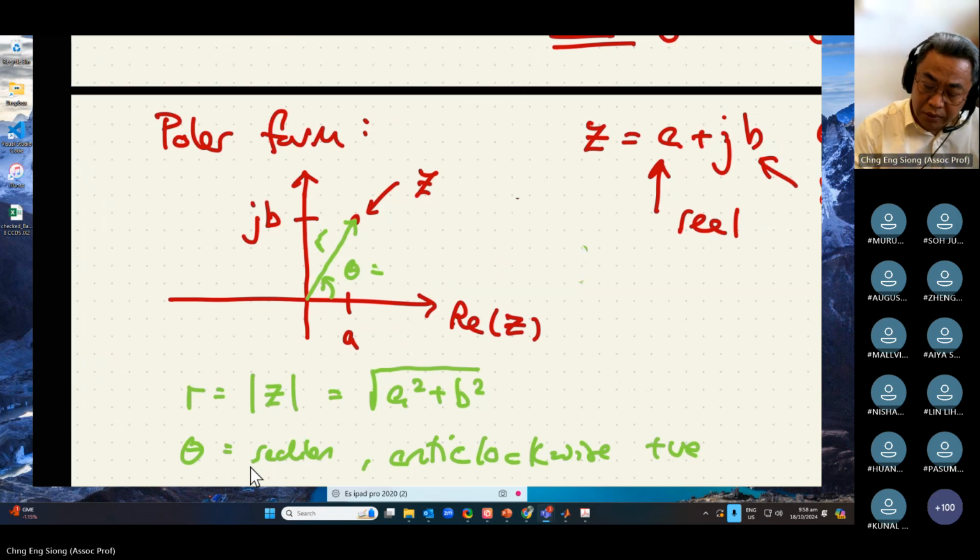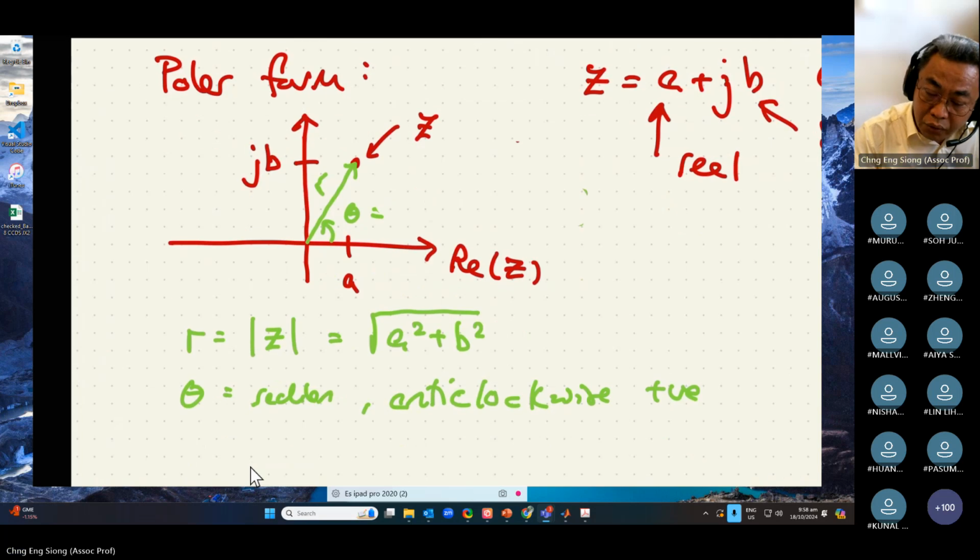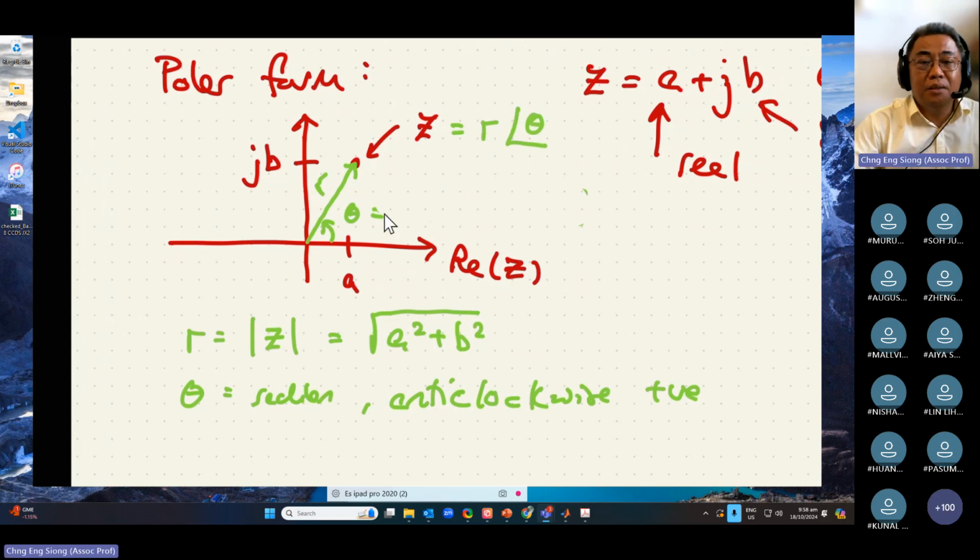All right. So therefore, couldn't I write Z is also equal to R theta? Isn't this so nice? A plus JB is moving along the rectangular, the two axes. R theta is saying that I have a length R with an angle theta.